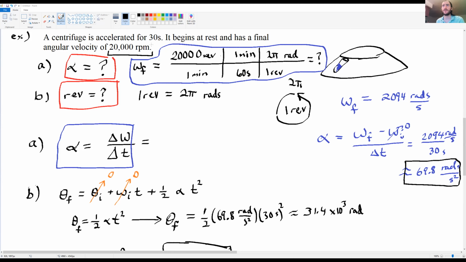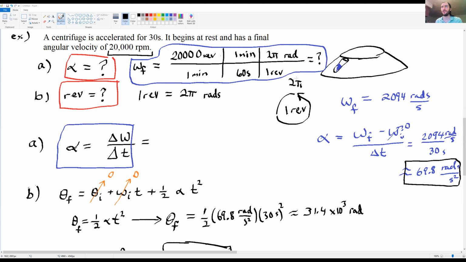You always want to convert RPM to radians per second. Always convert RPM to radians per second. I've got that little conversion right here at the top. If you want to remember this formula, you take RPM, multiply by 2 pi, and divide by 60.